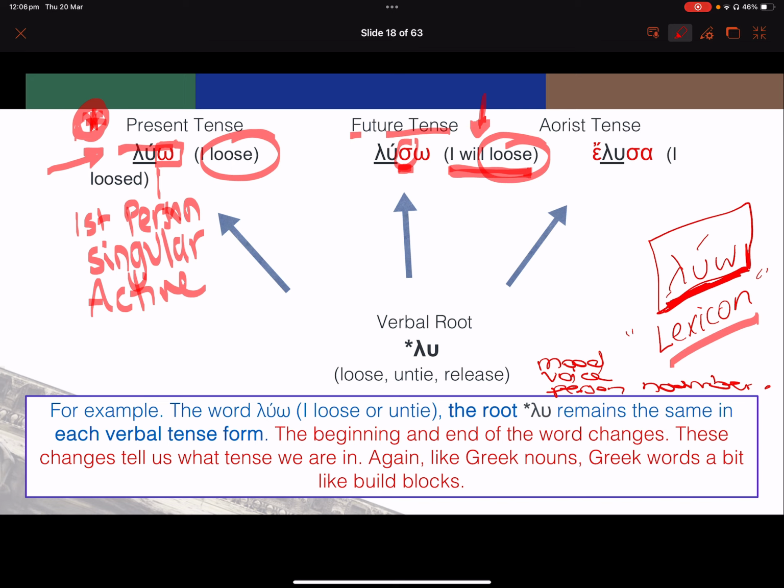Or Greek has something called the aorist tense, and if you were to add an epsilon at the start, a sigma and an alpha, these are our building blocks, all of a sudden we've got I loosed. And so that's something that happened in the past, a completed action in the past.